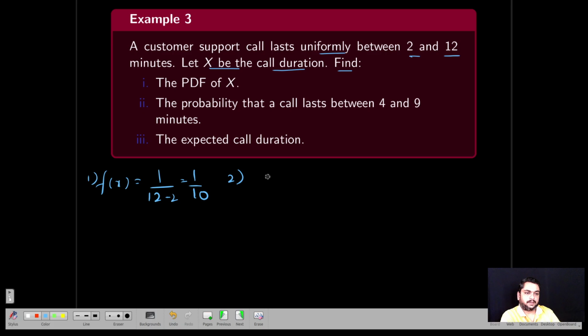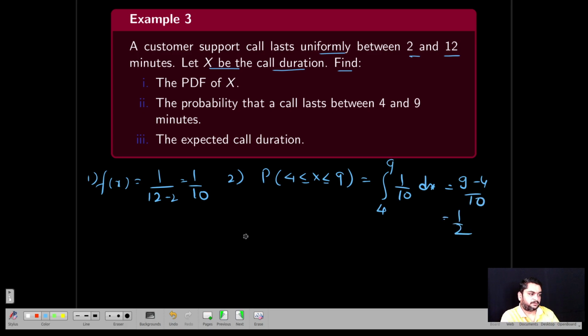Second, the probability that a call lasts between 4 and 9 minutes, P of 4 less than or equal to x less than or equal to 9, is equal to the integration from 4 to 9. Because it is from 2 to 12, I can start at 4, it is in between 2 and 12. 1 by 10 dx. This will be equal to (9 minus 4) by 10, which is 1 by 2.